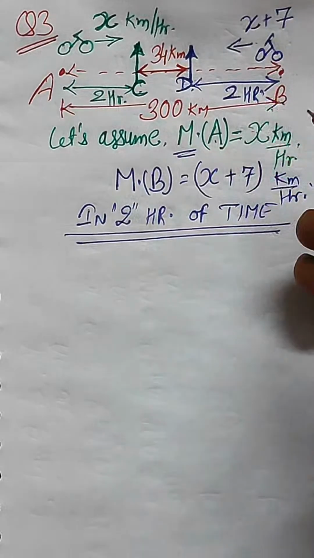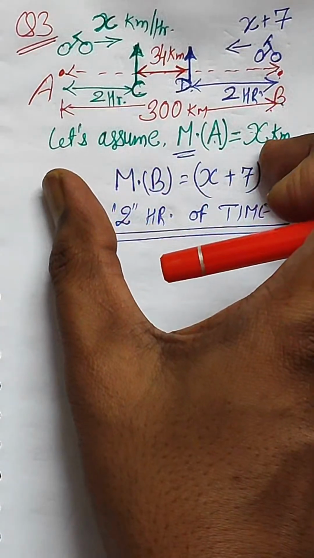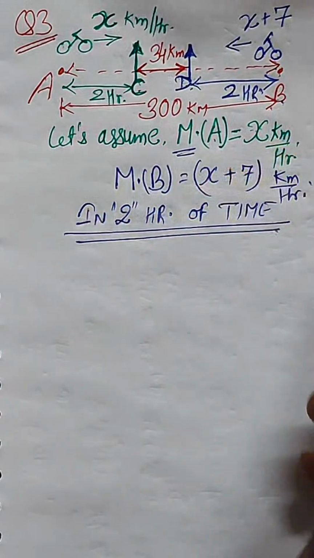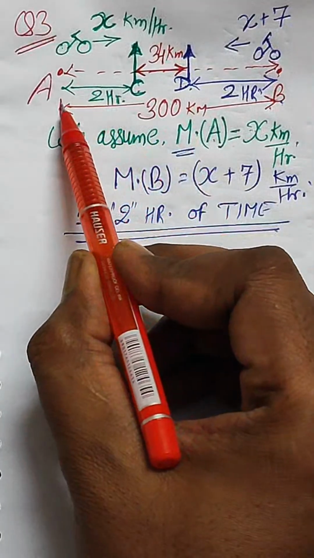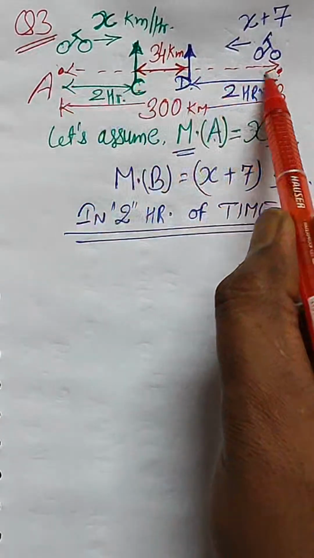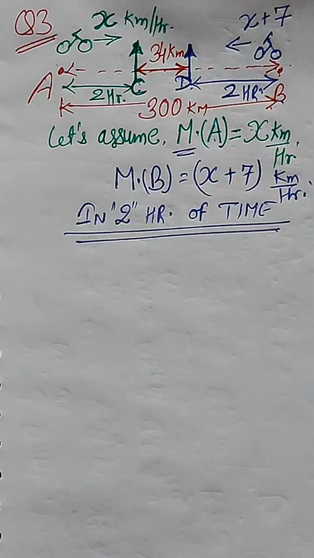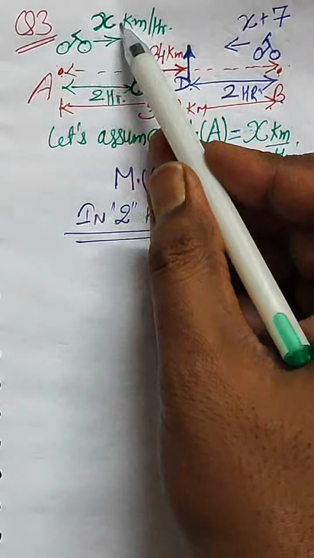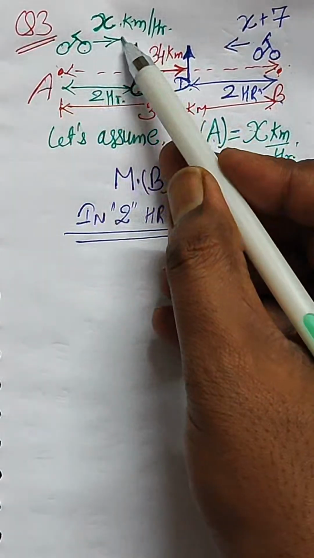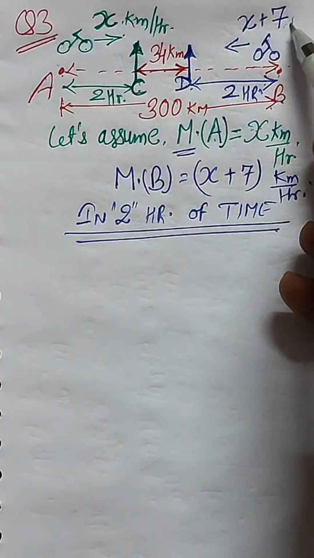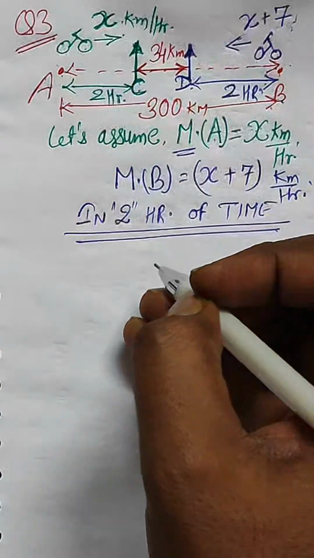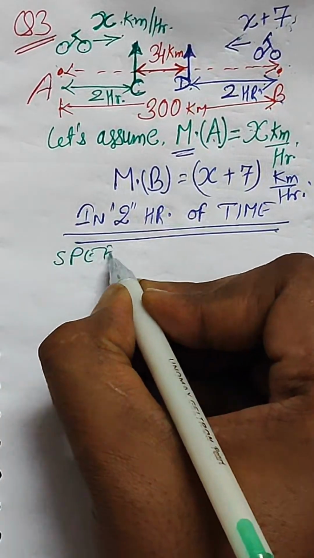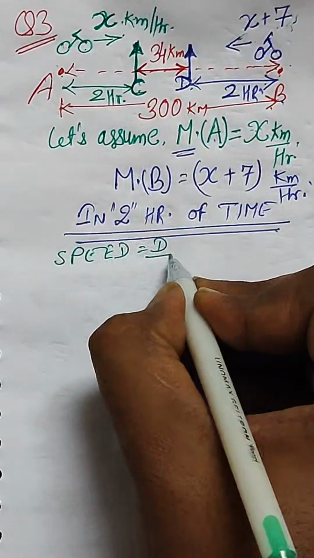So in this question we need to find the speed of each motorcyclist. You can see the constant part is that the distance will be the same. Here you can also see the speed of motorcyclist A is assumed as x kilometer per hour and B will be 7 more than that, that is x plus 7. So we know that speed equals distance by time.